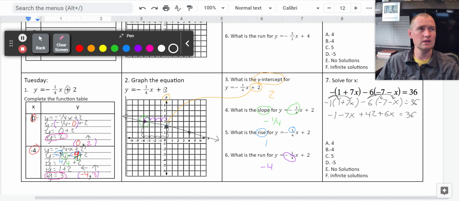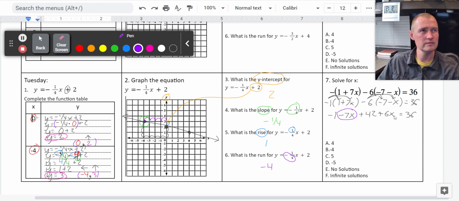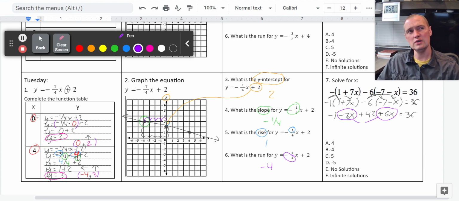It works fine the way it is, so there's no reason to mess with it. All right, let's start with our x values first. So notice here we have a negative 7x, and I also have a positive 6x here. So we're going to do something called combine like terms. If you lose 7 x's, you find 6 of them, bad news is you still lost 1 x. So negative 7 plus 6, negative 1.